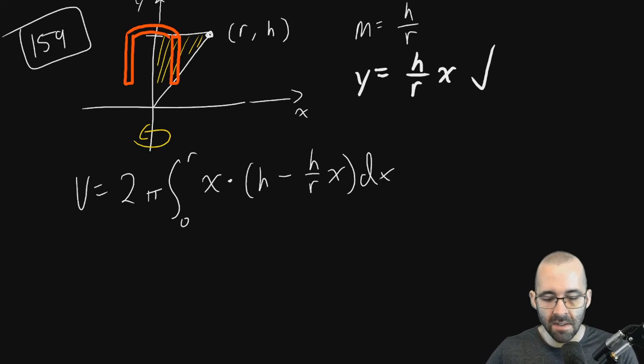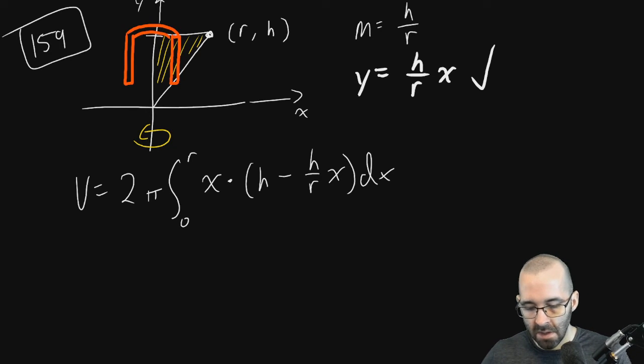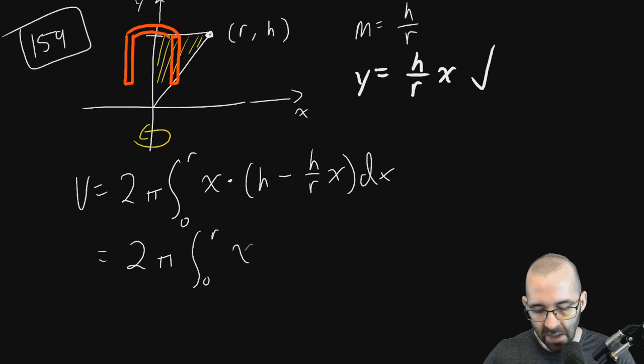And now we can integrate this. h and r are constants. x is our only variable here. Let's be a little careful. Let's FOIL this out. We're going to get x times h. Since h is our constant, I'm going to write h in front. Minus h over r times x squared.